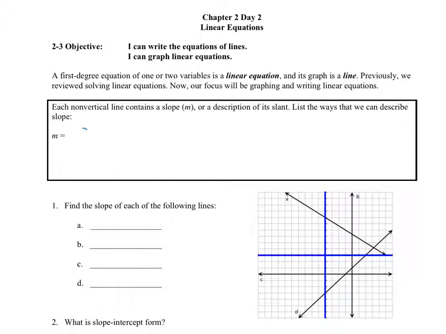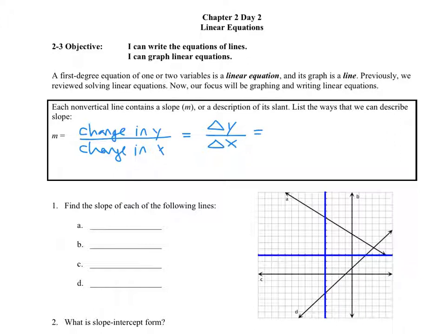One way is the change in y, which is the vertical change, over the change in x, which is a horizontal change. Sometimes we use a little triangle called delta, and we say delta y over delta x, which means the same thing.